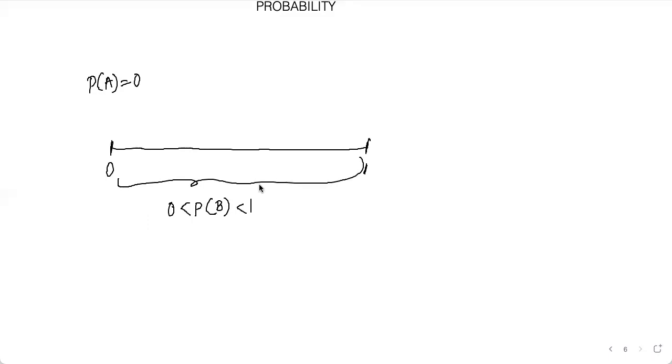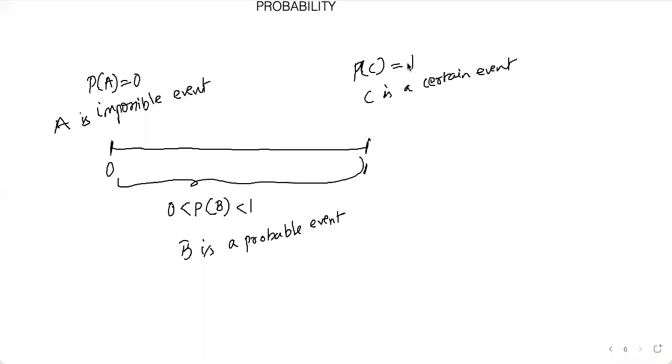P of C is equal to 1, and C is called the certain event.